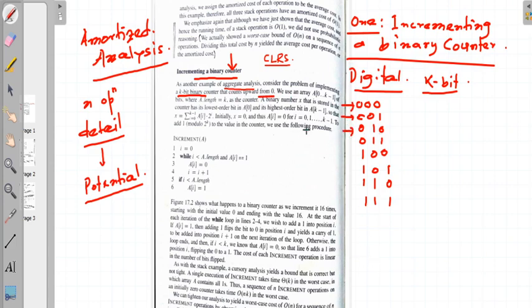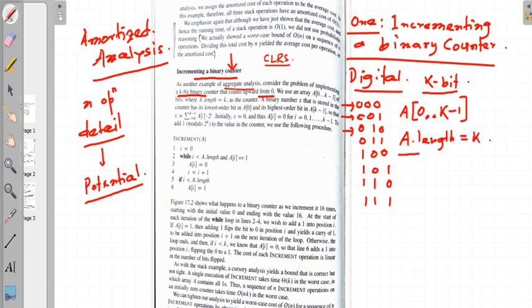Here we will use an array A[0 to k minus 1] of bits, where A.length equals k bits.